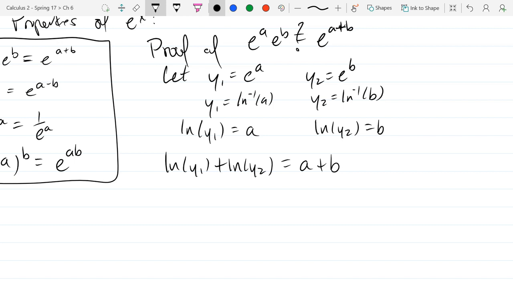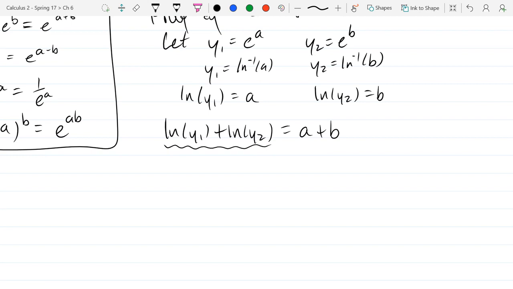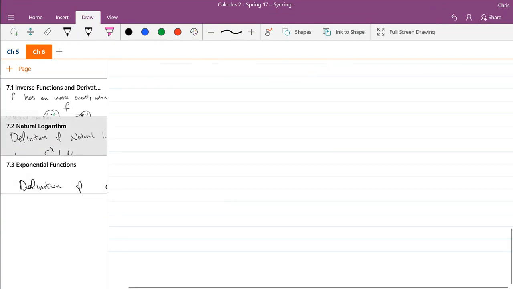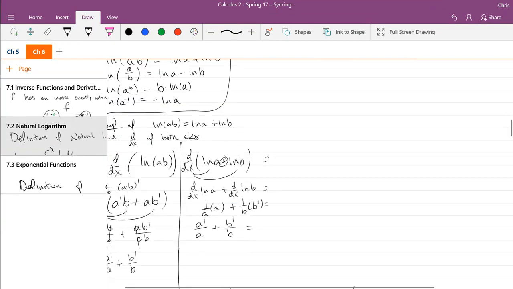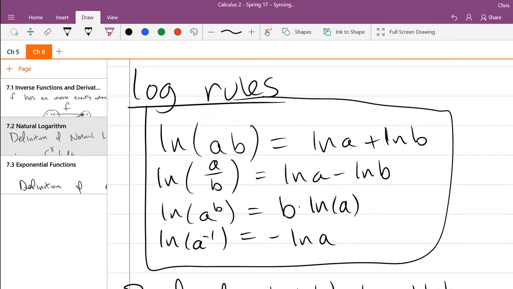So it equals a plus b. Now I can use the properties of natural log that we did yesterday. So what property can I use on the left side? What is addition outside of ln?